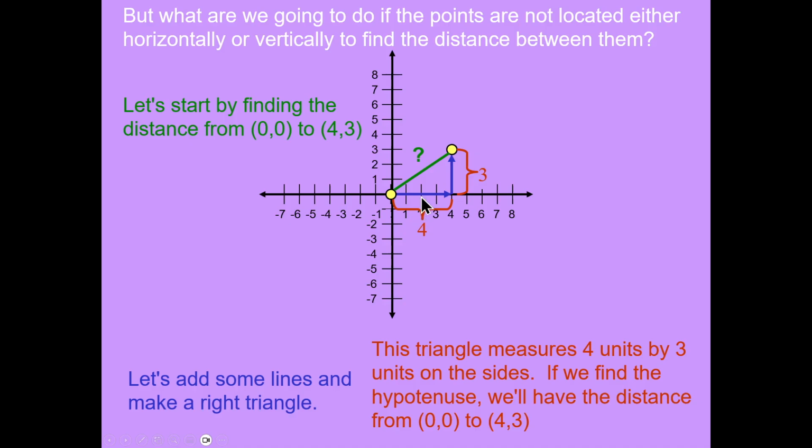Here we can use the Pythagorean theorem: 3 squared plus 4 squared is equal to 5 squared.